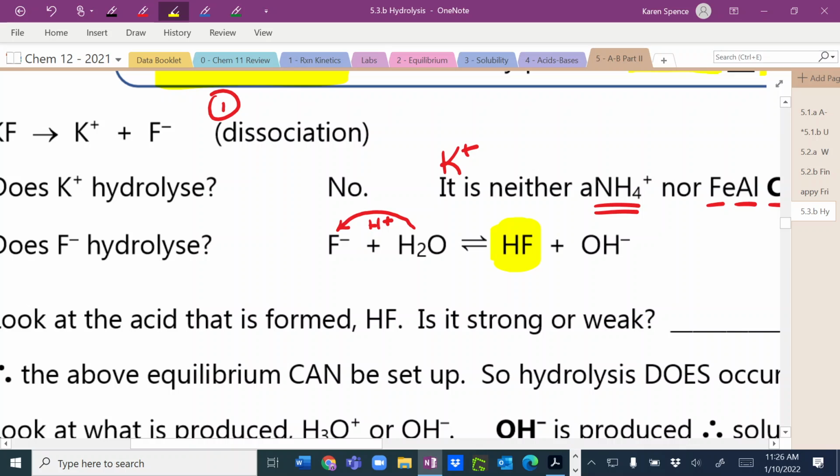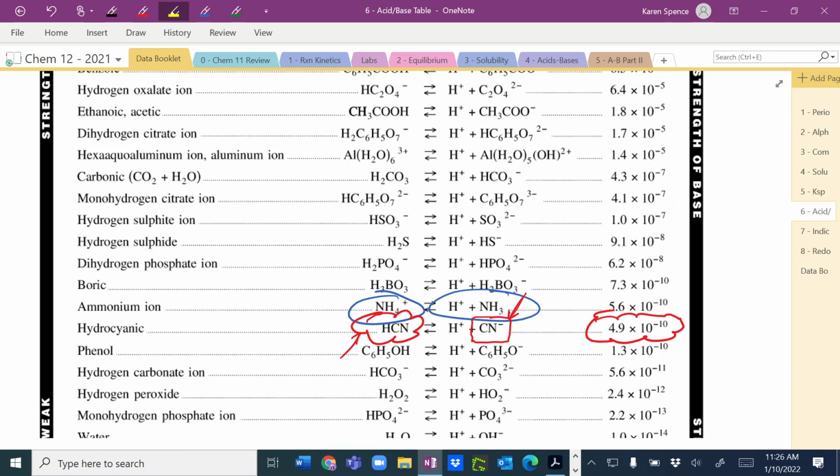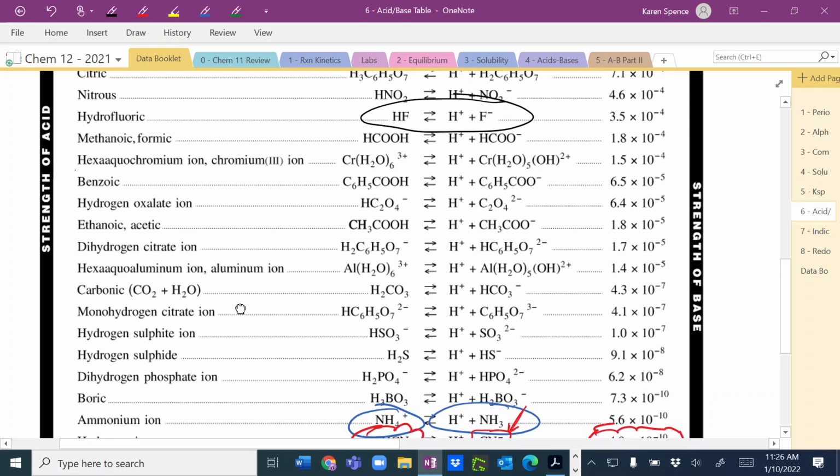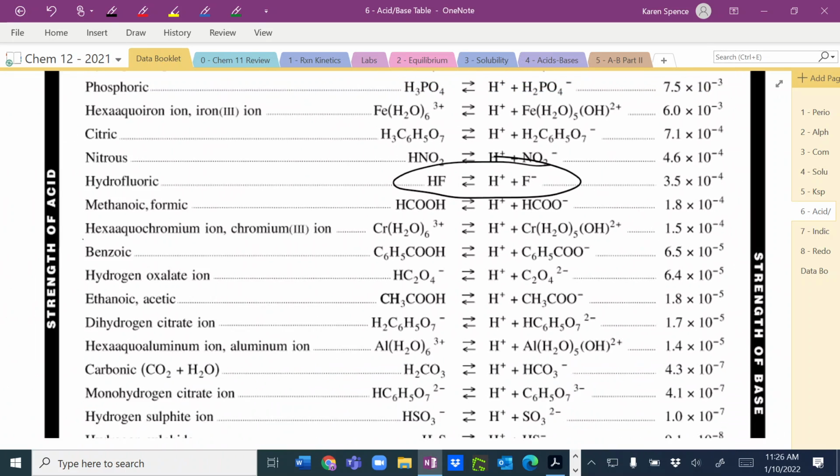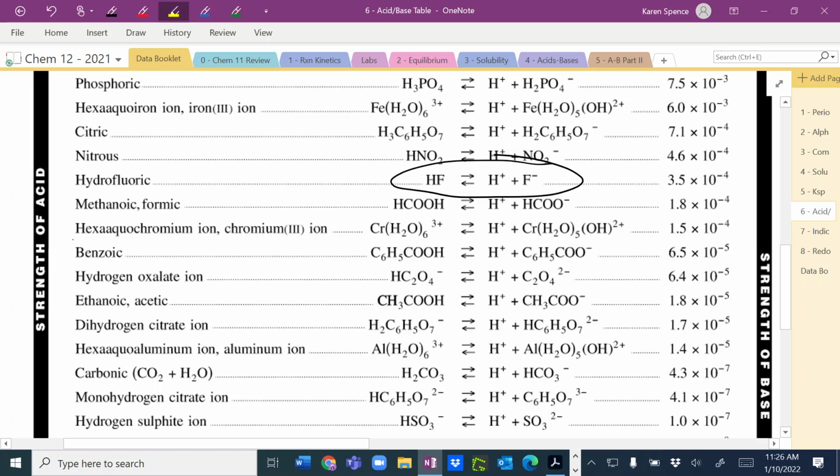In order to know if this happens or not, we need to ask, is HF strong or weak? So we have to go to our data booklet, unless you know it by heart. And here is HF, hydrofluoric acid. It is in the middle of the data table in the white section, so it is a weak acid.